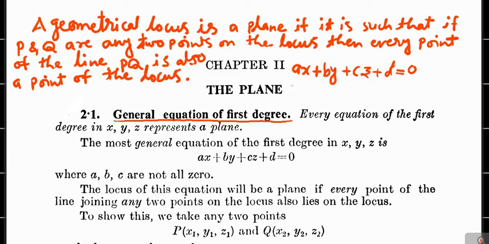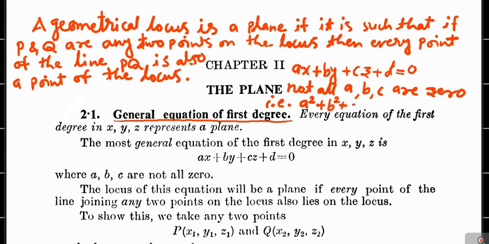Therefore, the condition for this equation to become a first degree equation in x, y, z is that not all a, b, c are 0 at the same time. And this condition can also be written in the form that a square plus b square plus c square is not equal to 0.